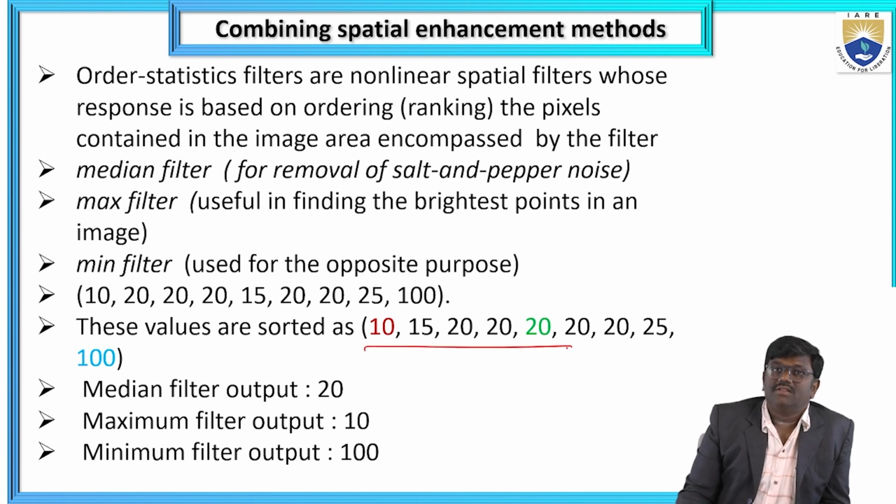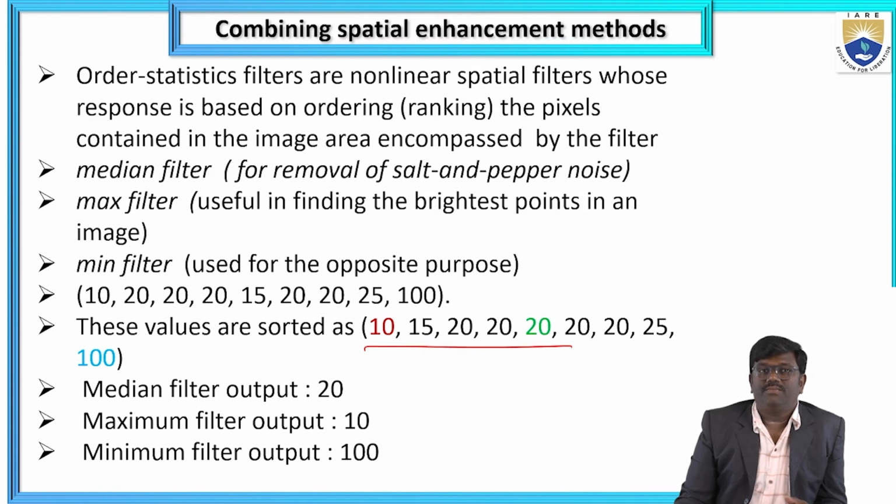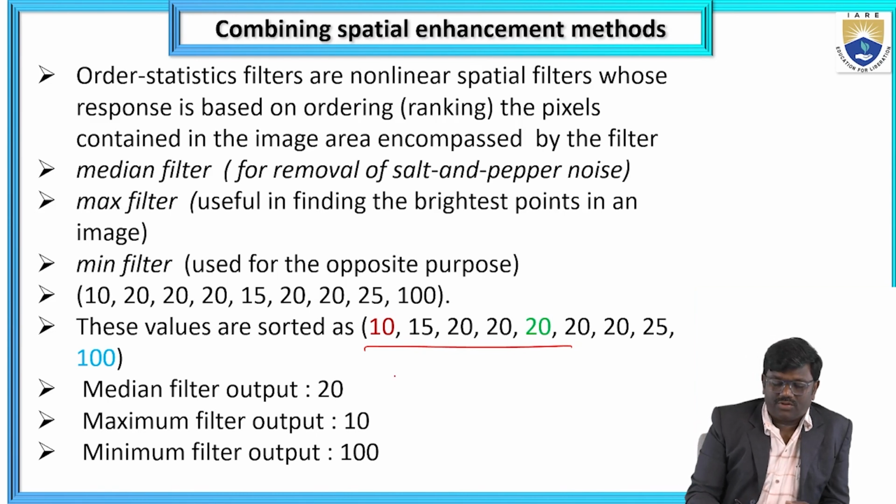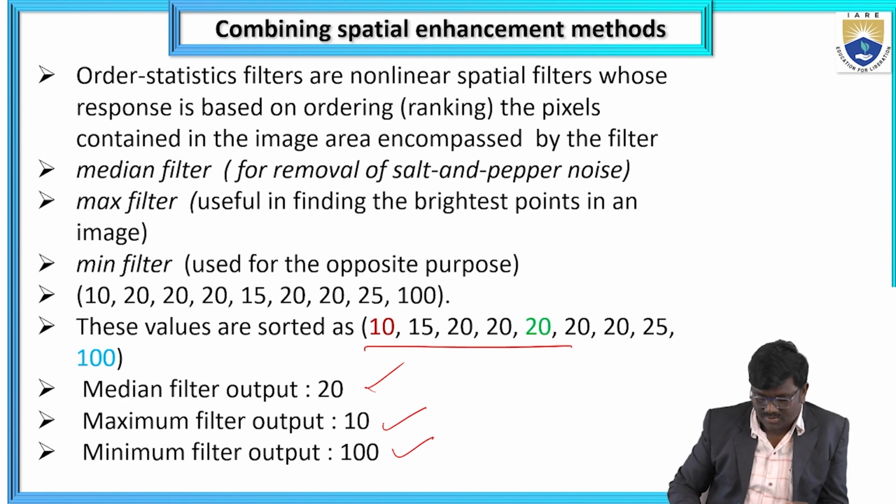In this sense, the values may be found with the help of the filtering process. For example, the median filter output is 20, the maximum filter output is 10, and the minimum filter output will be 100. These are what we have applied right now.